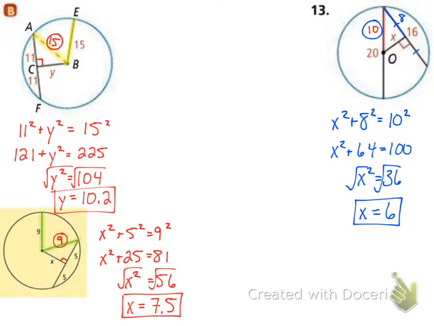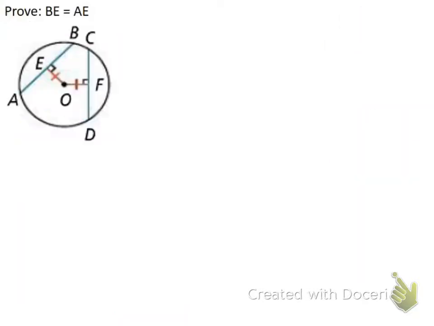There you go. Okay. Go ahead and flip back over to the front side, and let's end with this proof here. So I want to prove that BE is equal to AE. Again, a lot of this is just going back to proving that triangles are equal to each other.